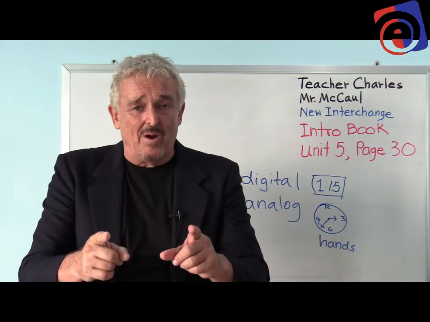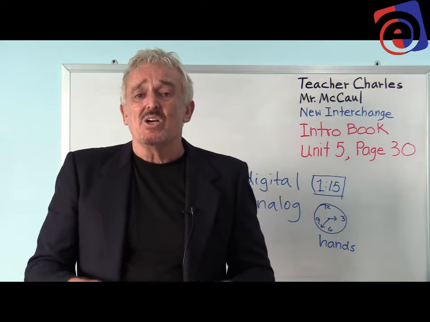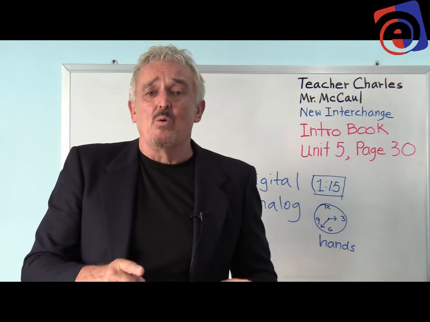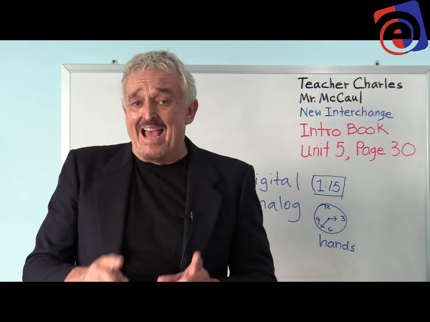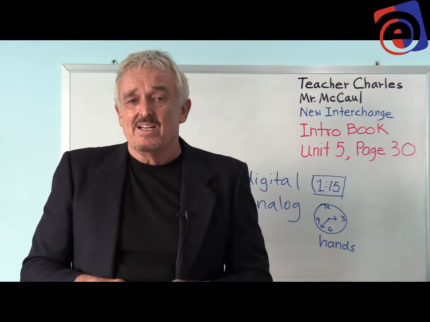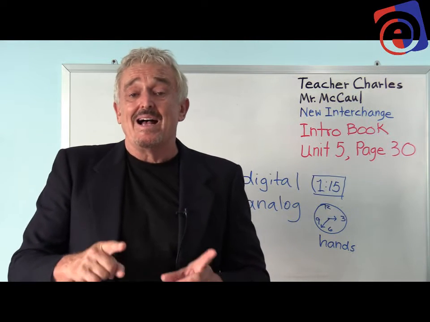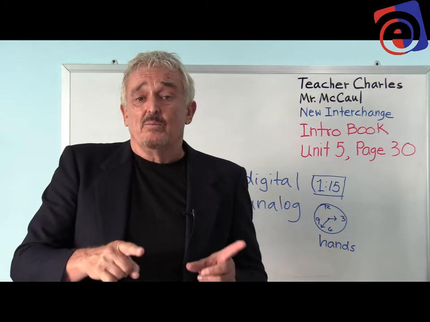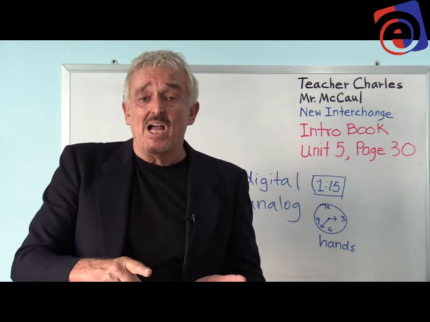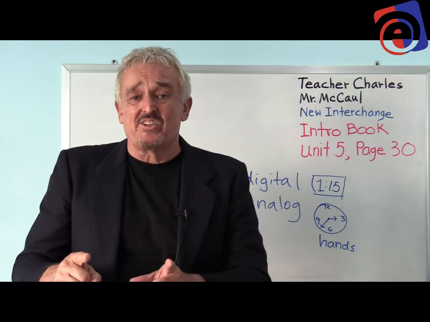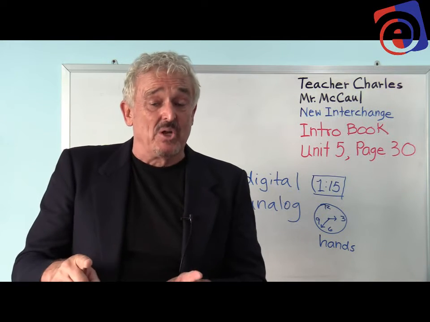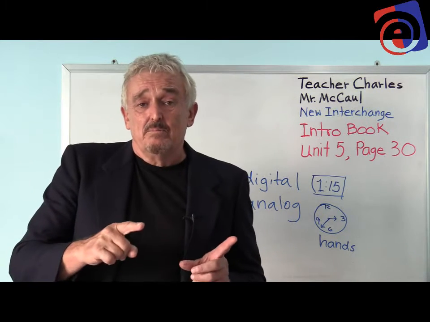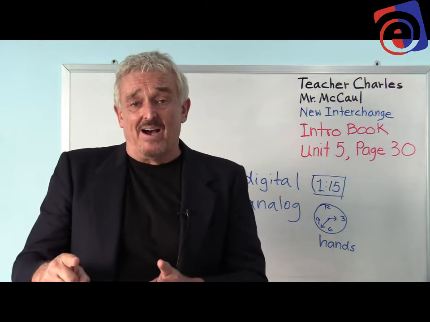So I want you to chat with me. Teacher, I don't wear a watch. Teacher, I wear an analog watch. Teacher, I wear a digital watch. Remember, we use a before the next word that starts with a consonant, digital. And we use an before the next word that starts with a vowel, analog.